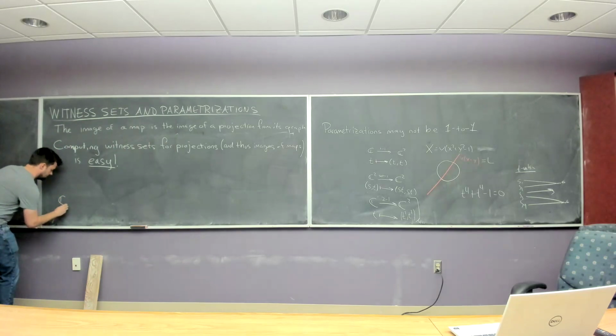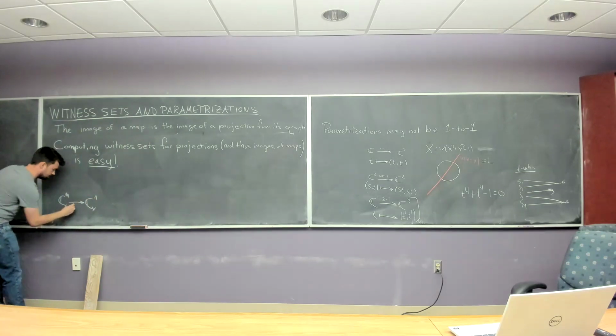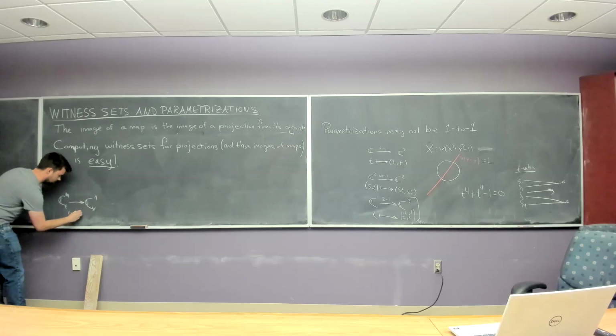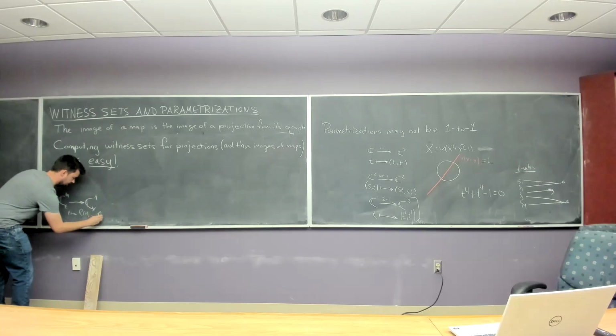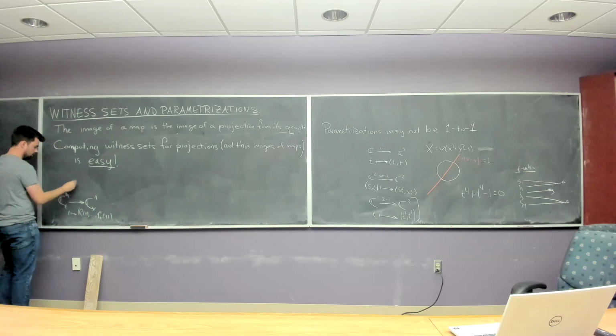So if I have some map from C^m to C^n, this is some polynomial map. t maps to f1(t), ..., fn(t), and here t is of course an m-tuple of complex numbers.